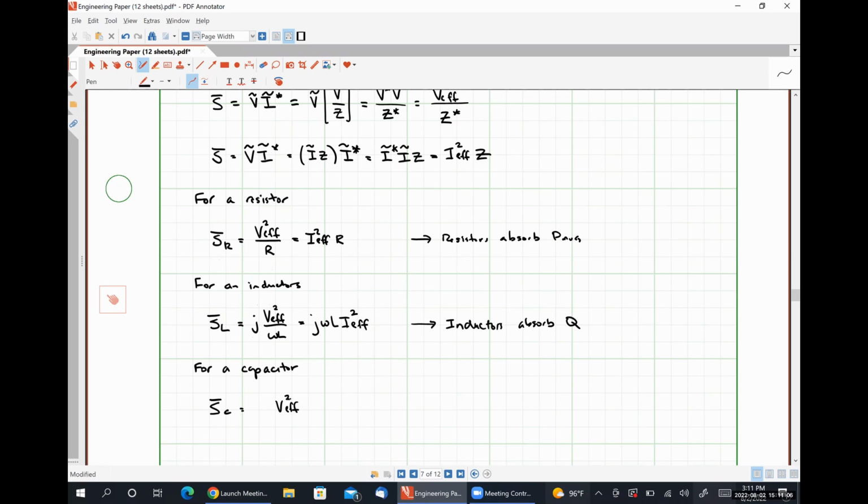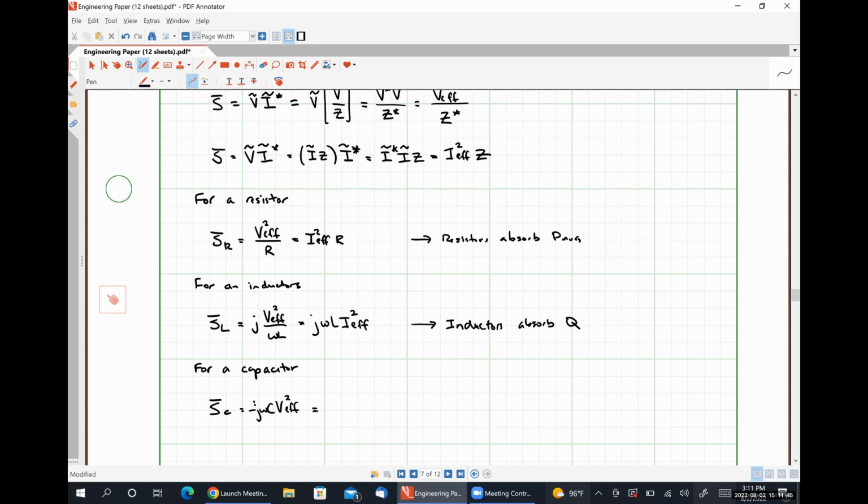Well, the impedance of a capacitor is 1 over j omega C, and the conjugate of the impedance of a capacitor is then 1 over negative j omega C. So we have V effective squared divided by 1 over negative j omega C, which makes our complex power absorbed by a capacitor look like negative j omega C times V effective squared.